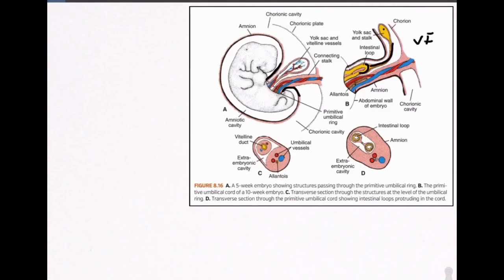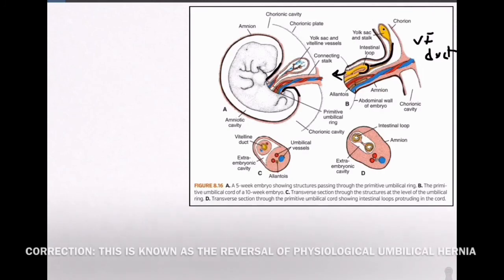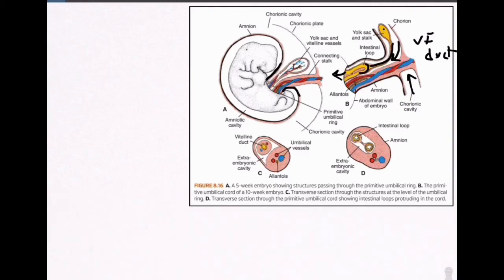So this vitello-intestinal duct is one of the early contents of the primary umbilical cord, but eventually the intestine rolls back inside. This is known as physiological umbilical hernia, again for another day. Then we have a couple of other things like the extra-embryonic coelom or the chorionic cavity, which also extends into the early umbilical cord. Eventually, that is completely obliterated when the chorion and the amnion fuse. So that is also not really a content.